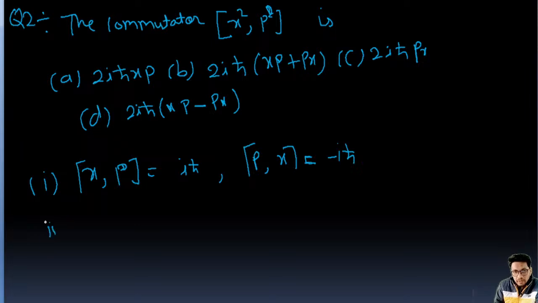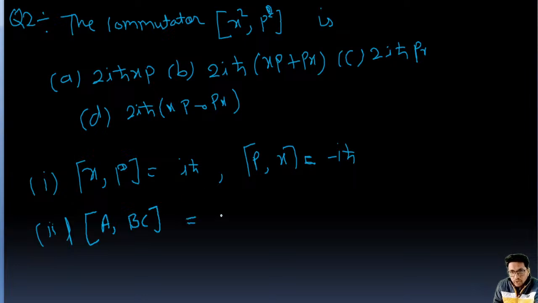And the second property I'll tell you, that is a commutator a comma bc.